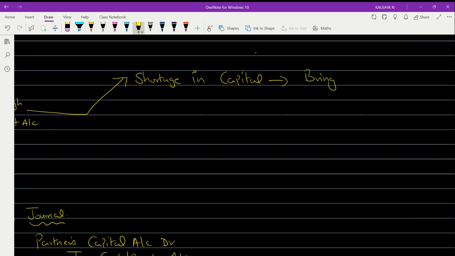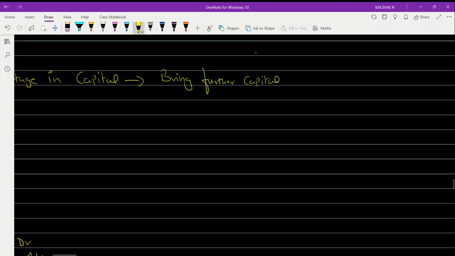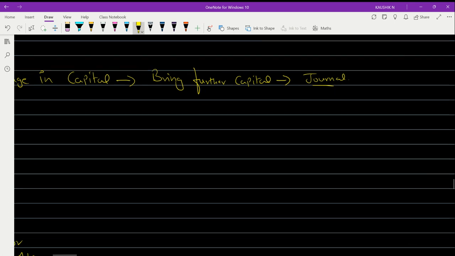That is the treatment. For this, the journal is: whichever partner has to bring the amount, that particular partner's current account will be debited.